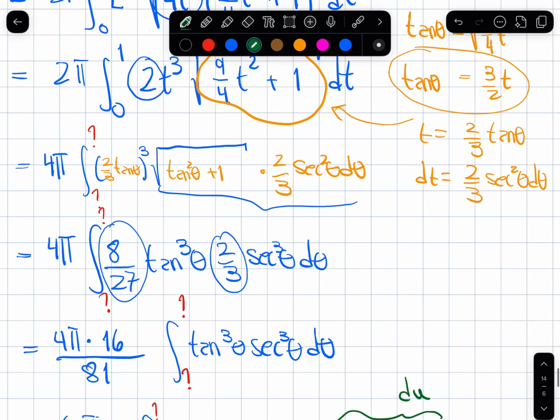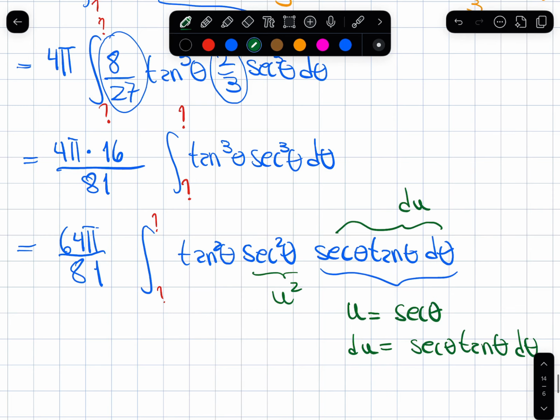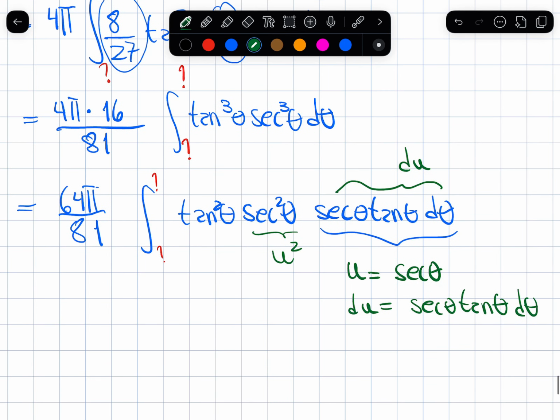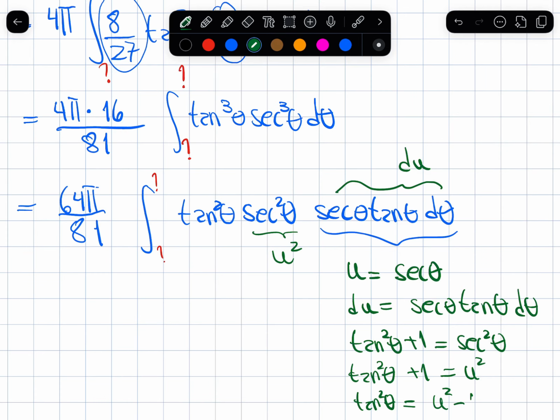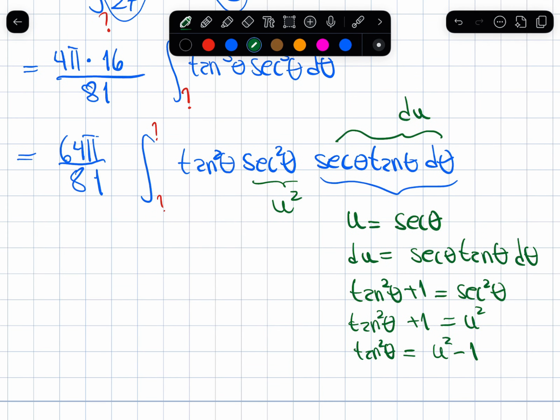And if you go back to the original identity that we discussed, that tangent squared plus 1 equals secant squared, then tangent squared plus 1 is u squared, and tangent squared is u squared minus 1. So then you get to solve this integral.